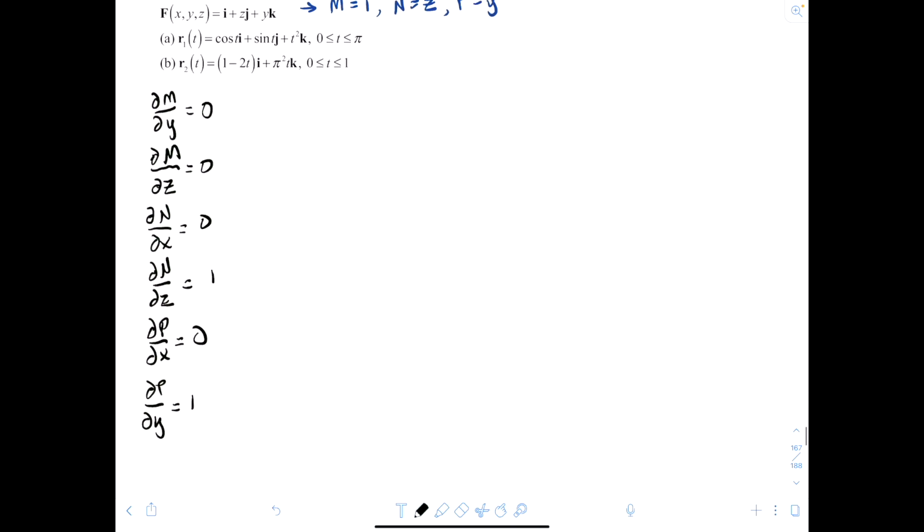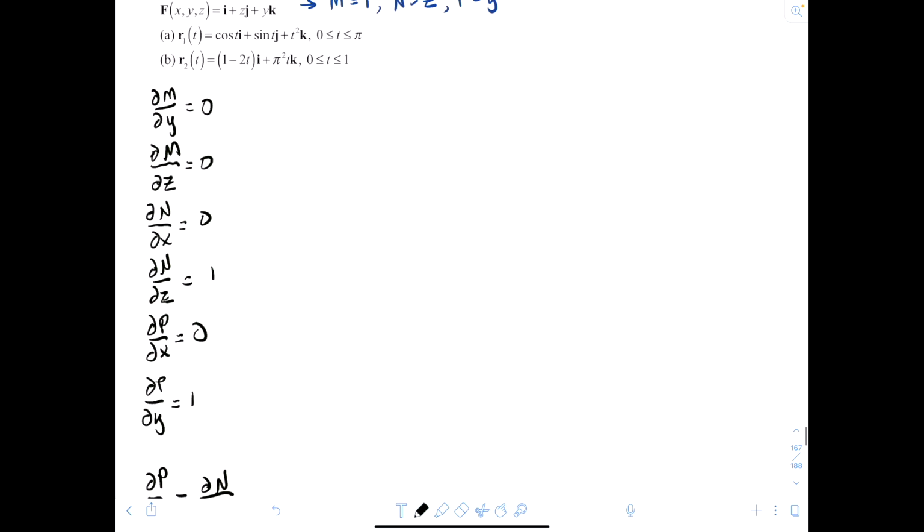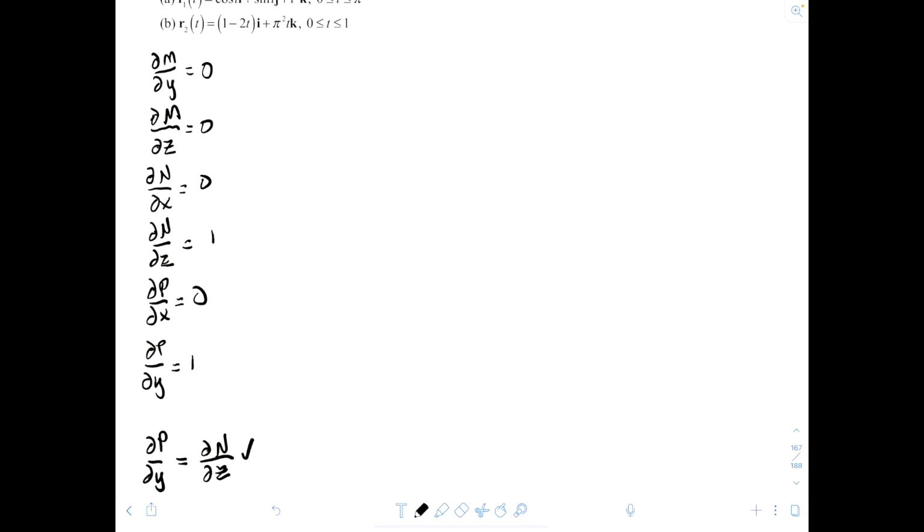So let's see. We need to check, does the first partial of P with respect to y equal the first partial of N with respect to z? Yep, they both equal 1. So check.